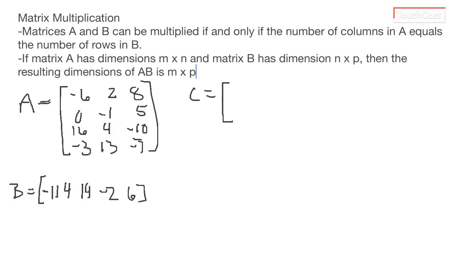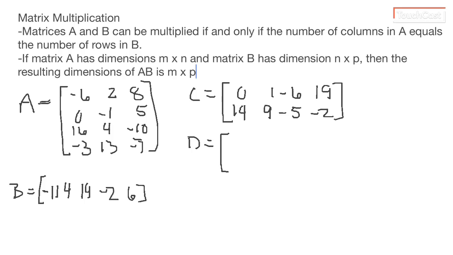We're going to have 0, 1, -6, 19, 14, 9, -5, -2. D is going to be just a simple column matrix with 3 elements. We're going to have 8, 7, and -1.